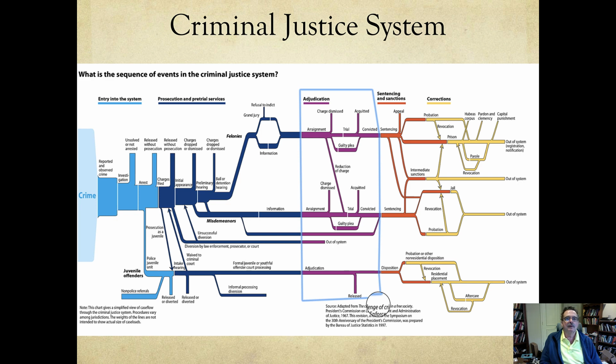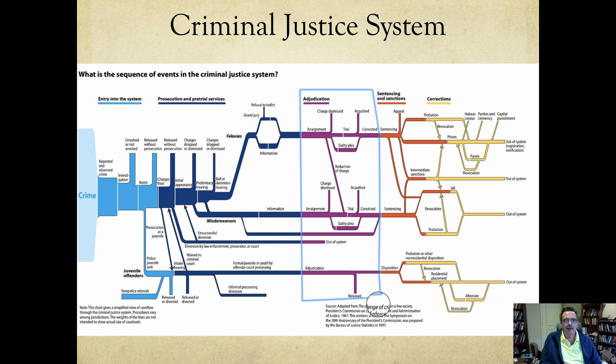This is just one flowchart you can find on what happens in the criminal justice system. The importance of this for critical media studies is that this kind of model, whether we agree with it or find it accurate or not, can serve as a point for explaining where bias can occur or does occur within a system.